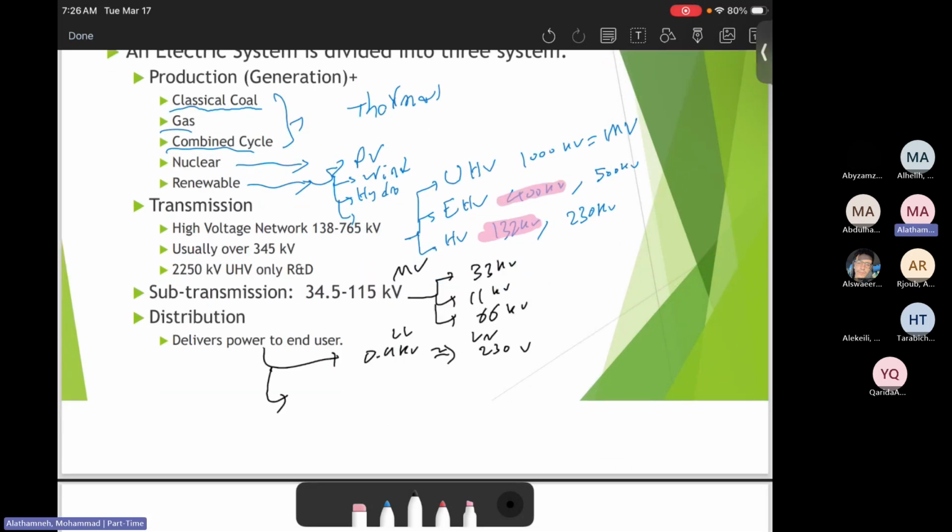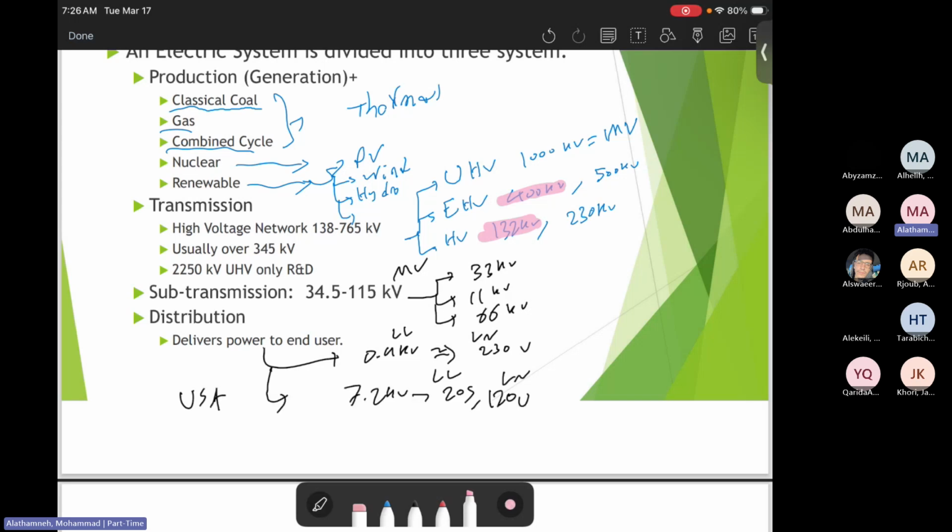In other parts of the world, for example in the United States, they have the transformer 7.2 kilovolts that is converted to 208 or 120 volts, line to line or line to neutral. So in the United States, the situation is different than what we are discussing here.